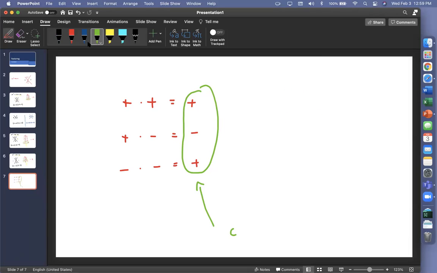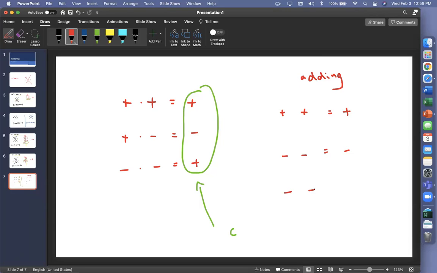And then if we're looking at B, a positive number and a positive number will always give you a positive, if we are adding. Let's write that down, we are adding. And then a negative number added to a negative number will always give you a negative number.